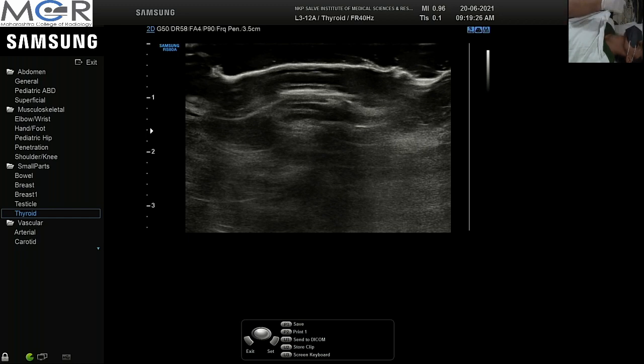So the patient lies supine with the neck extended.